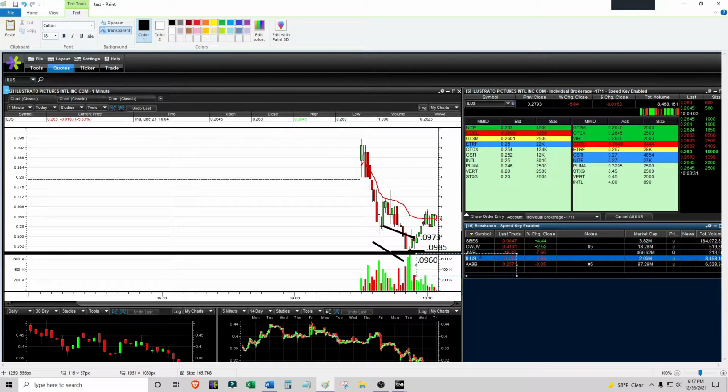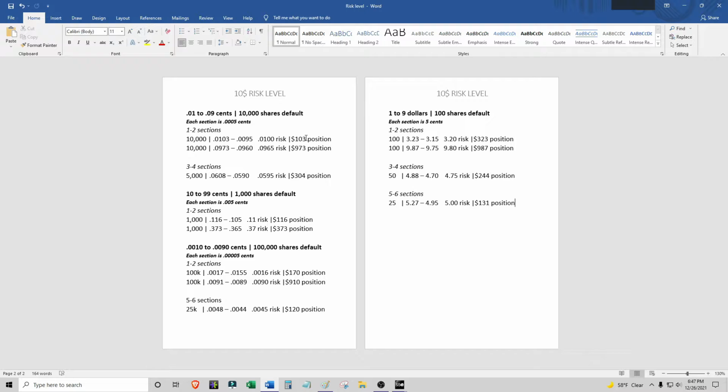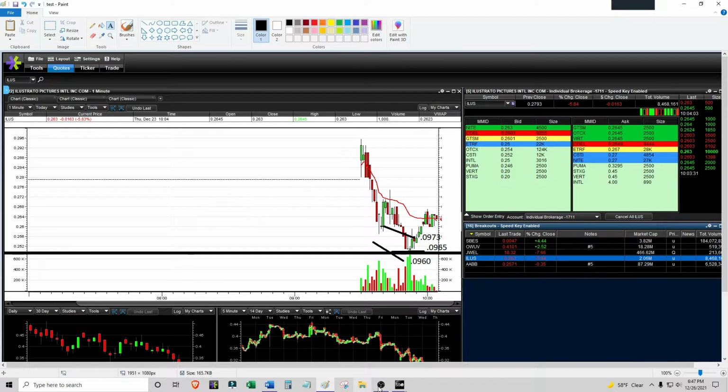Again, same idea, but it's a different price. And guess what? You're trading a much larger position in terms of how much did it cost, but it's still a $10 risk level. So let's go back.